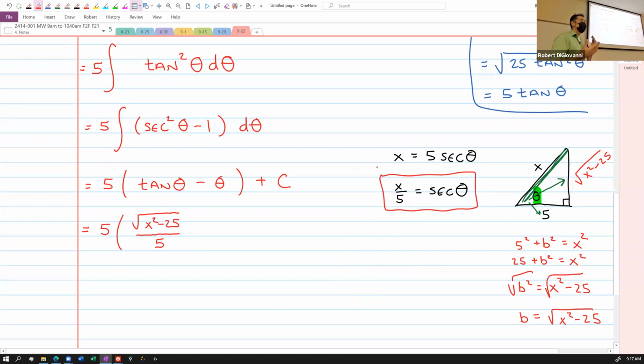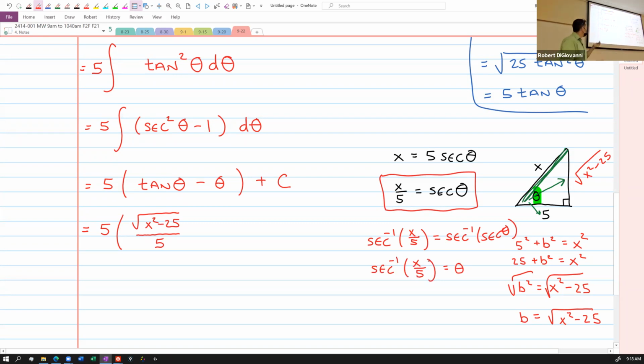All we're going to do is kill off the secant by bringing in the inverse secant, or arc secant, on both sides. The cancellation property says that when you put together a function and its inverse, they kill each other off. So that leaves you with theta on the one side, and on the other side, it's secant inverse of x over 5. And that's what theta is.